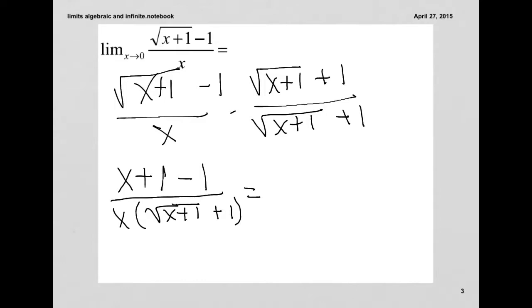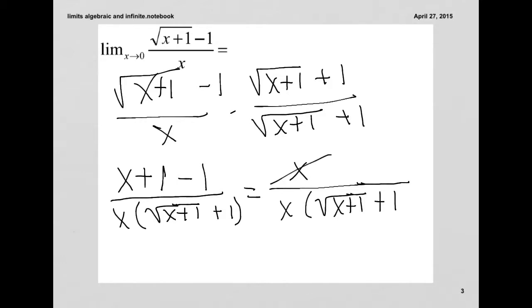Wait a minute, on the top that gives me x over x times the square root of x plus 1 plus 1. I almost forgot about the common factor in the numerator and the denominator that I need to get rid of. So I can get rid of this x and this x. That leaves me with 1 over the square root of x plus 1 plus 1.